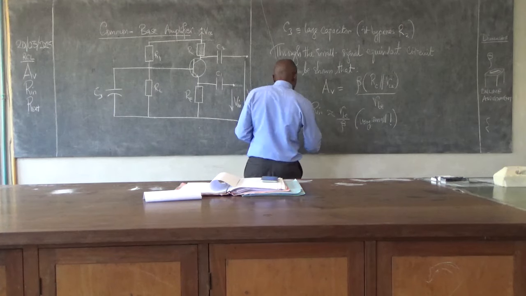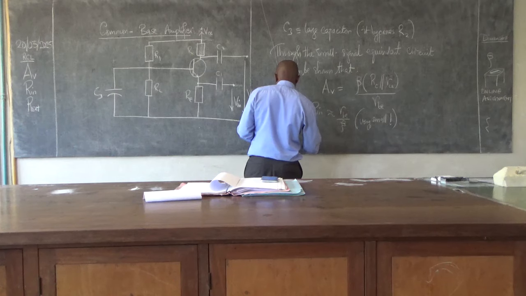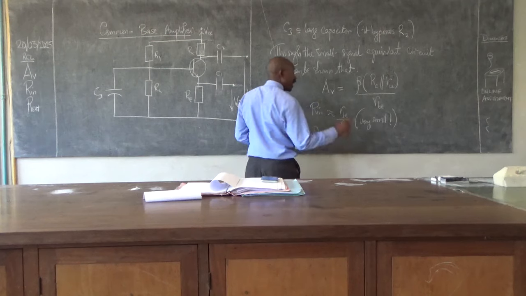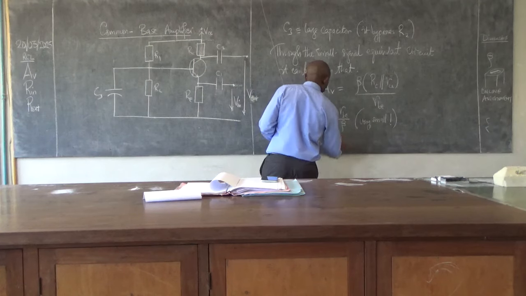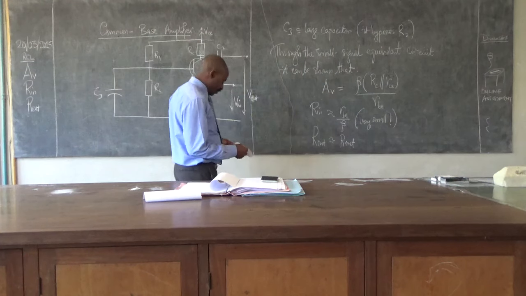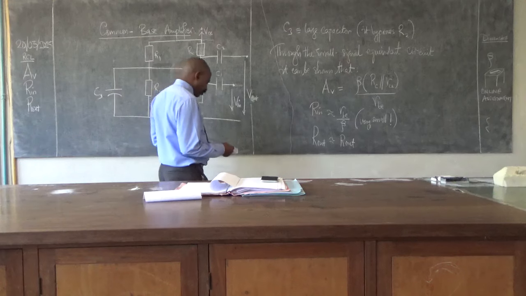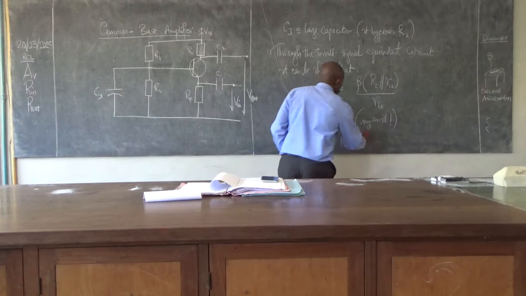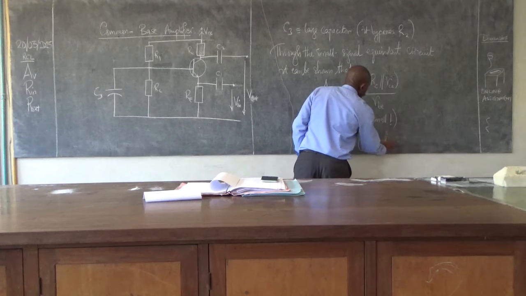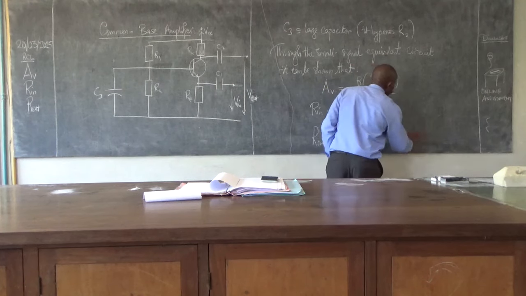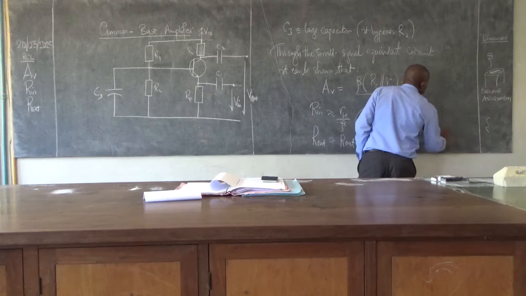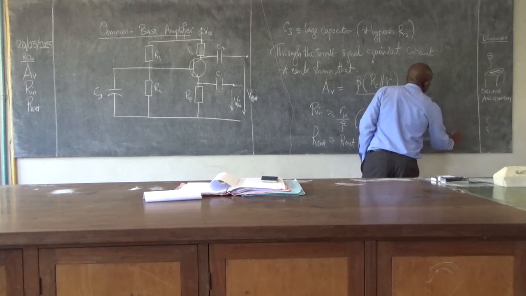And then R out would be approximately equal to the R out of the circuit. This is compared to the common emitter arm.